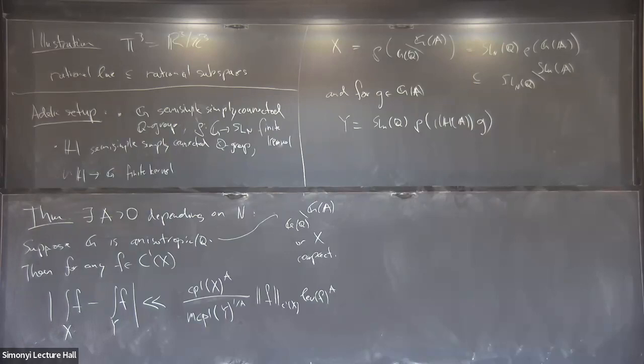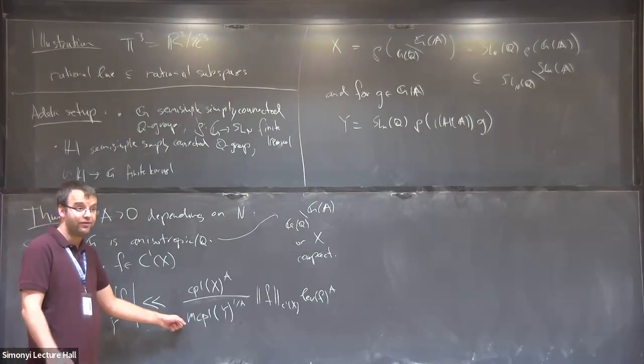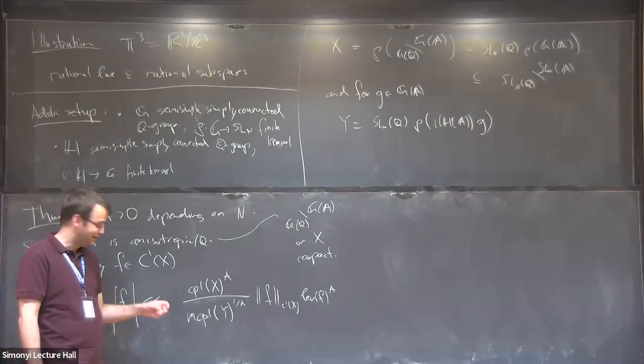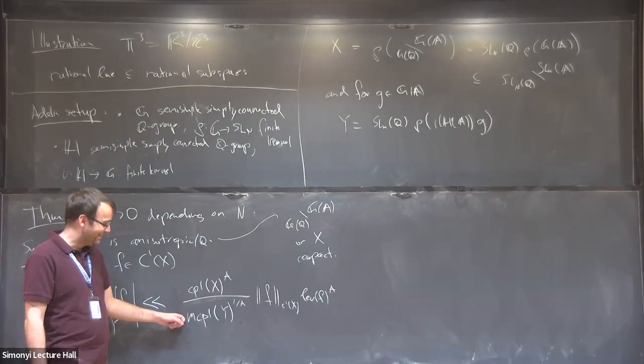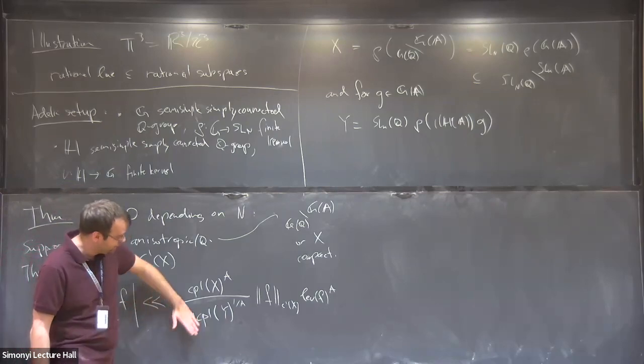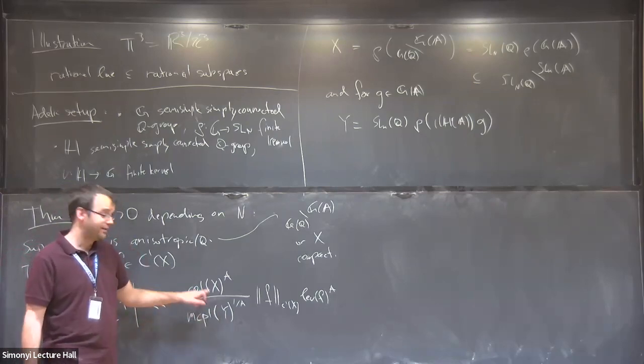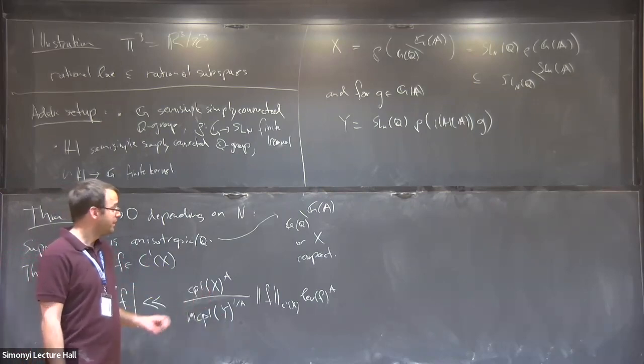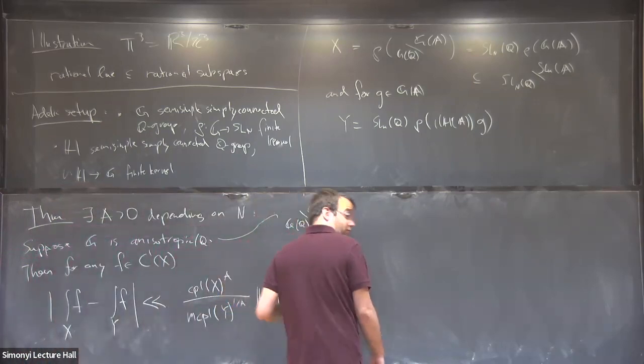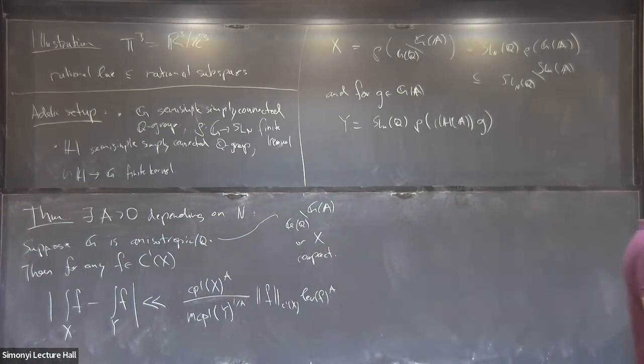This minimal complexity here is basically what I was trying to explain before, not successfully, but the complexity of any intermediate object between y and x. So yeah, let me just try. It depends on n, but not the embedding itself.